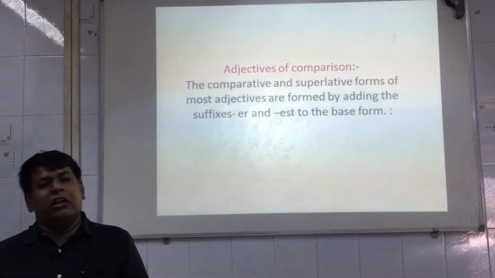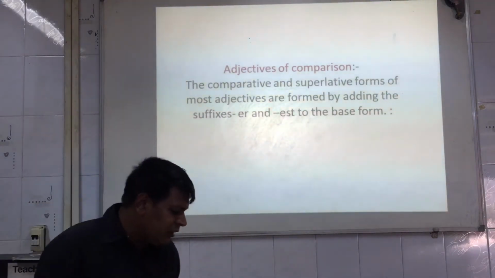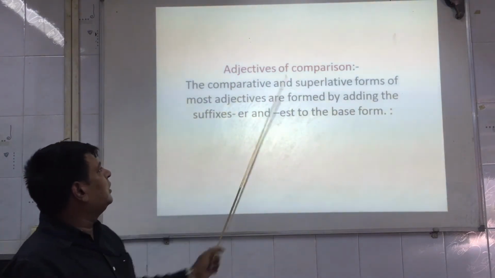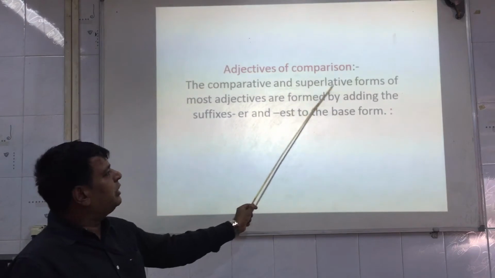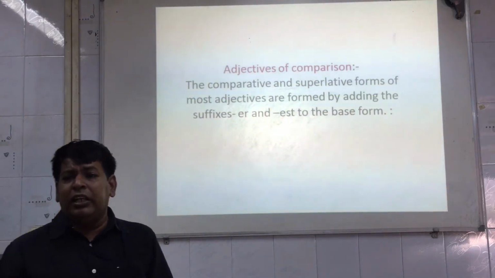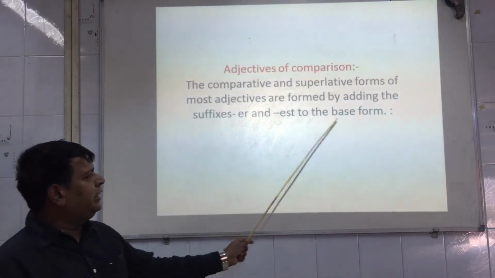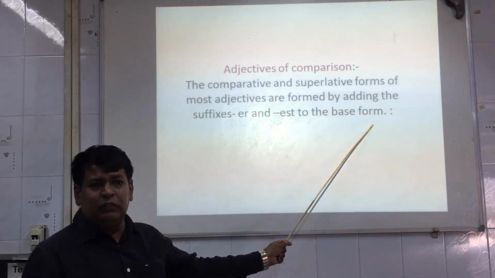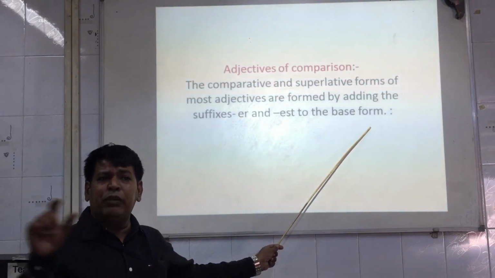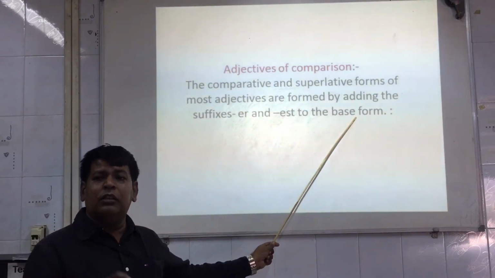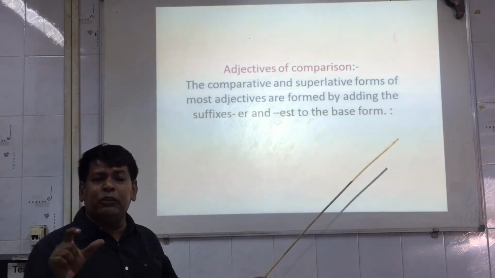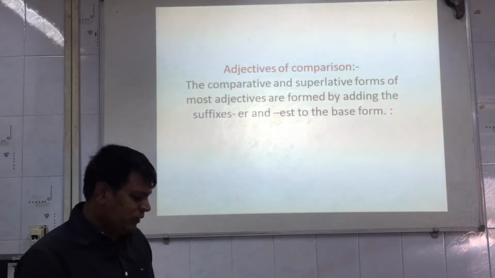Okay, students, now let's learn about the adjectives of comparison. The comparative and superlative forms of most adjectives are formed by adding er and est to the base form. For example, big, bigger, biggest, small, smaller, smallest. So we will see more examples on this now.